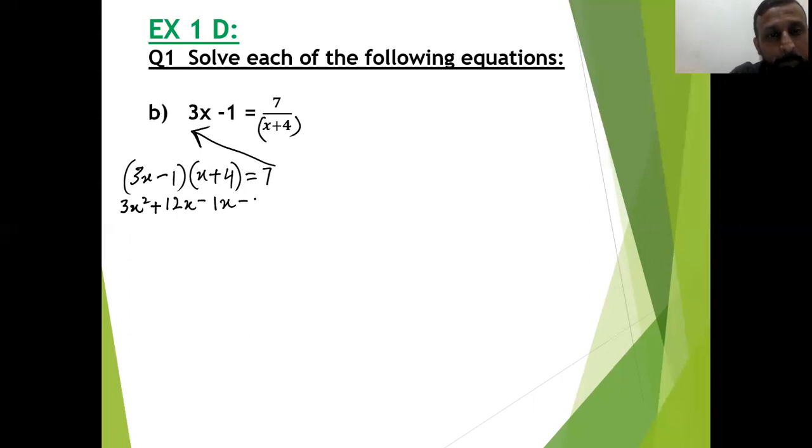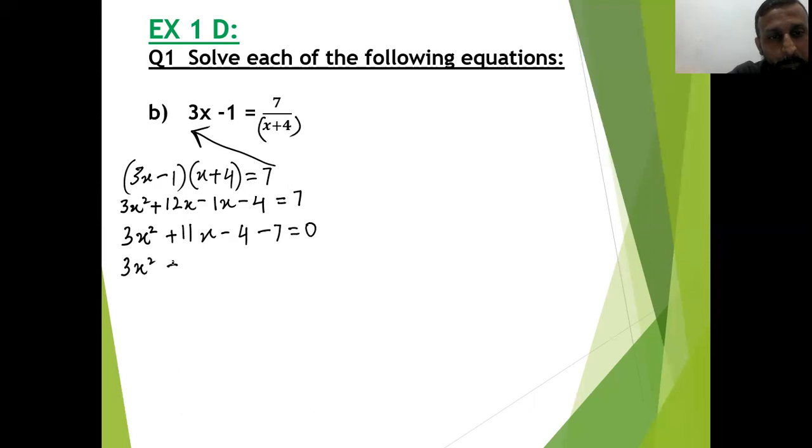Minus 1 into 4 is minus 4, equals 7. So let's simplify this. 3x square, 12x minus 1x is 11x, minus 4. Bring the 7 on this side, negative 7 equals 0.